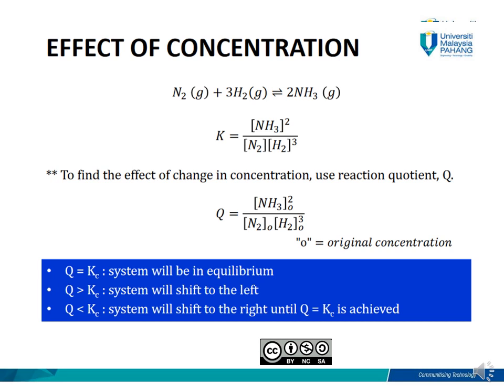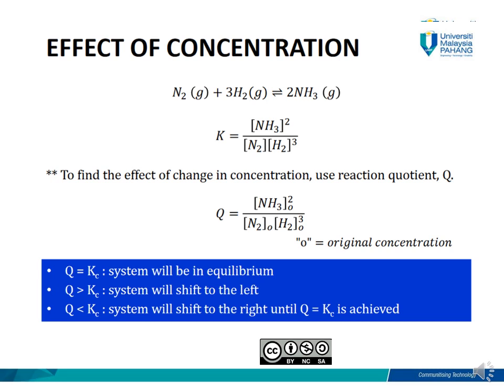Q uses the products and reactants concentrations at the initial or original state, not after the reaction occurred. For K, we use the values after it reaches equilibrium, after the chemical reaction is complete. So the Q term refers to the original or initial concentration.